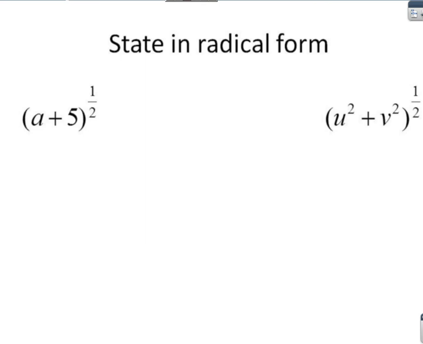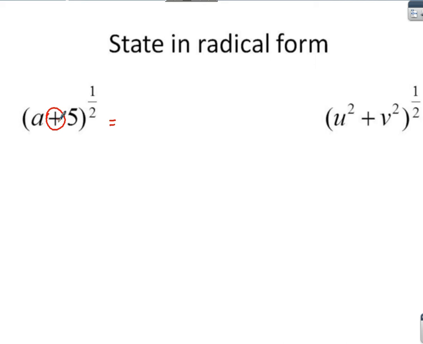All right, a couple more we've thrown in here where we're trying to convert to radical form and we've got rational exponents. This first one here, a plus 5, is a quantity raised to the 1/2 power. We threw this in here because we want to remember that if we've got a sum, this would not be a situation where I can use any power-to-power rules. That only works when I've got products inside the parentheses or when I have quotients inside the parentheses.